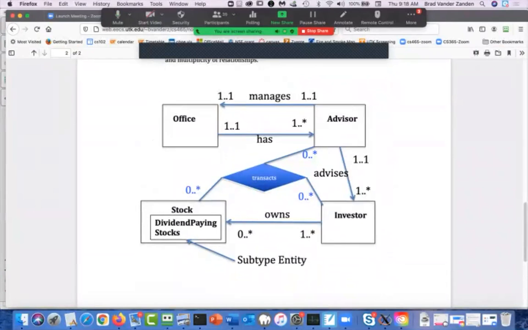So this is just a cleaned up version of what you saw before. Now, it was missing the multiplicities for the transaction relationship, and it was also missing a multiplicity over here for advisor.